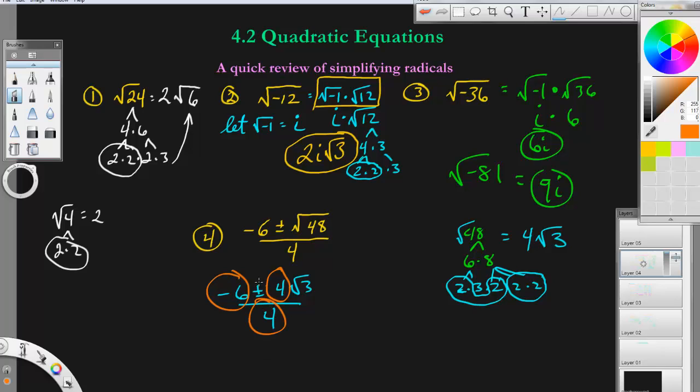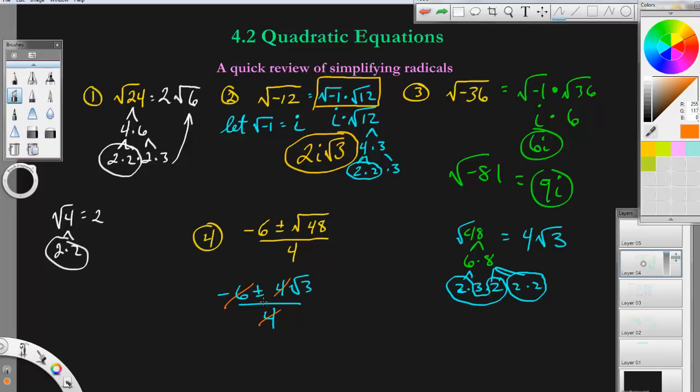If they all three, like this triangle right here, have a number that goes into it, like 2, you can start canceling. By the way, you can never cancel this number here. Ever. That thing is like locked up in a vault. You can't cancel what's under a radical, so don't even try.